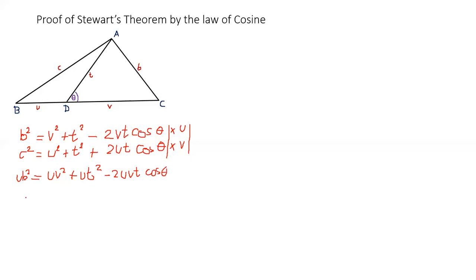The second equation becomes phi C squared equals phi U squared plus phi T squared plus 2 U phi T cos theta. Okay, add, to eliminate.